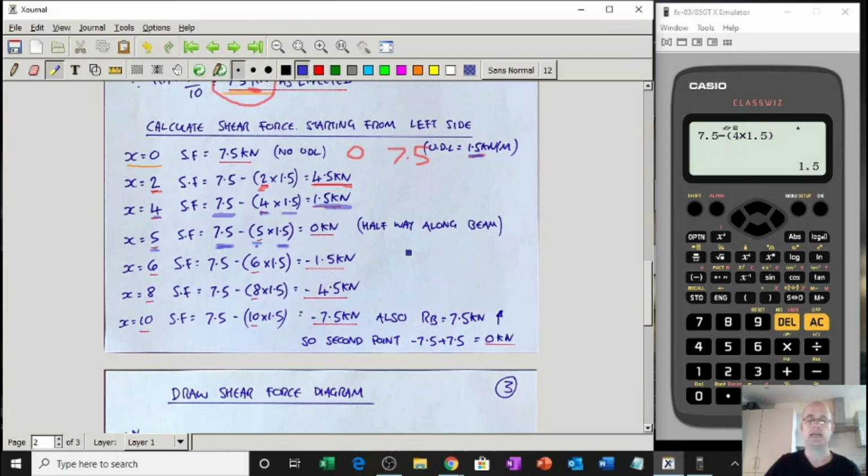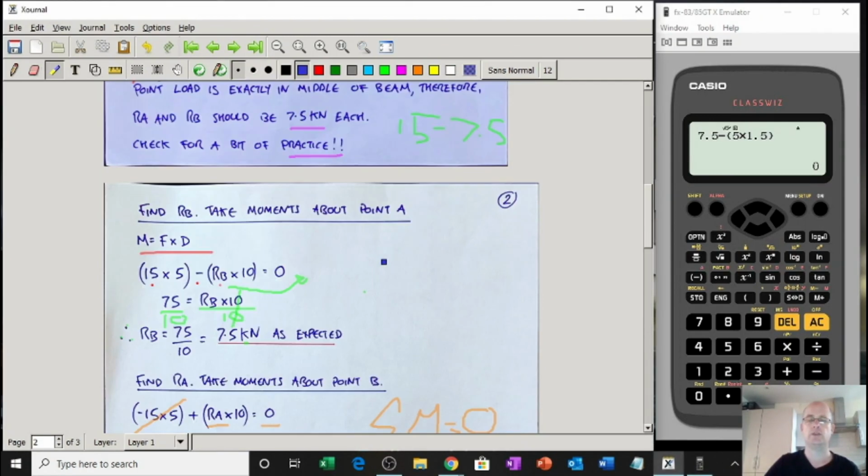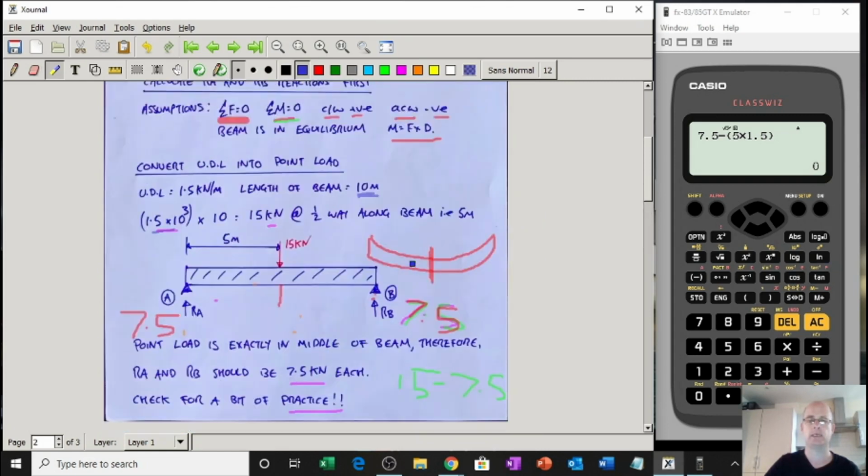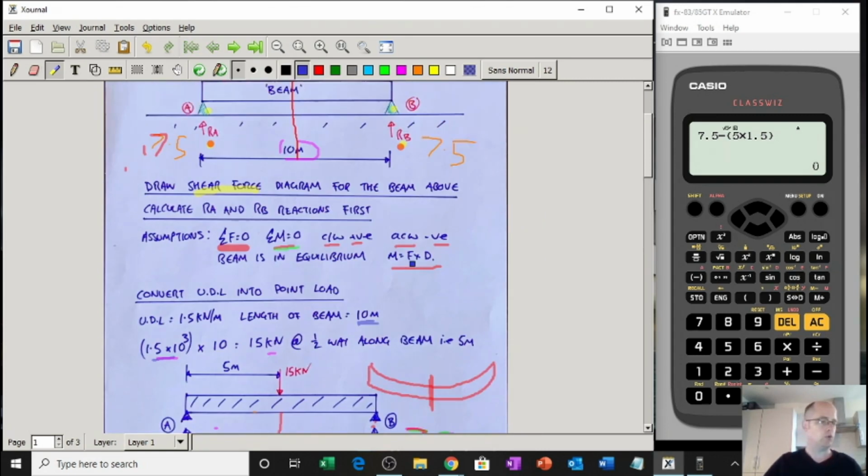So this looks correct now, because at that point, halfway along the beam, I've got 0 shear force, and in the next couple of videos, we'll be doing the bending moment for this beam. At that point, there's 0 shear force, but there's maximum bending.